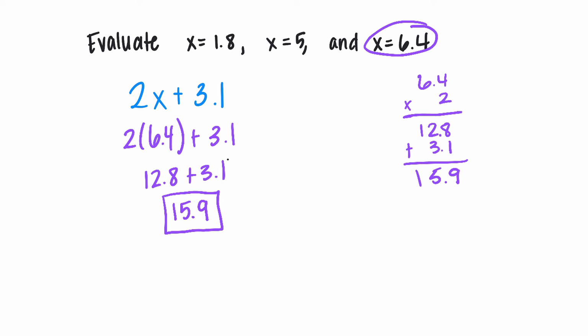Super doable. So when we have that substitution 2x plus 3.1, you're going to put a little parenthesis right here. And wherever there was an x, you're just going to put that value in to solve for. And then because this is a coefficient, so it's a number multiplied into a variable, you're multiplying these two. Okay.